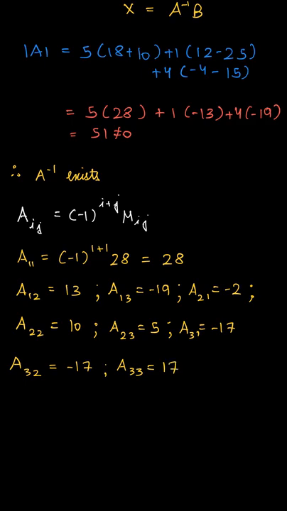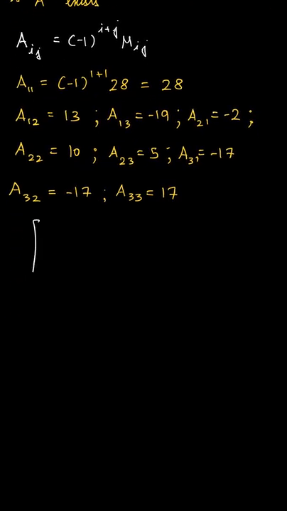Now we will arrange these cofactors in the matrix form. Therefore, we will have 28, 13, minus 19. Then we will have minus 2, 10, 5. And then here we will have minus 17, minus 17, and then here we have 17.